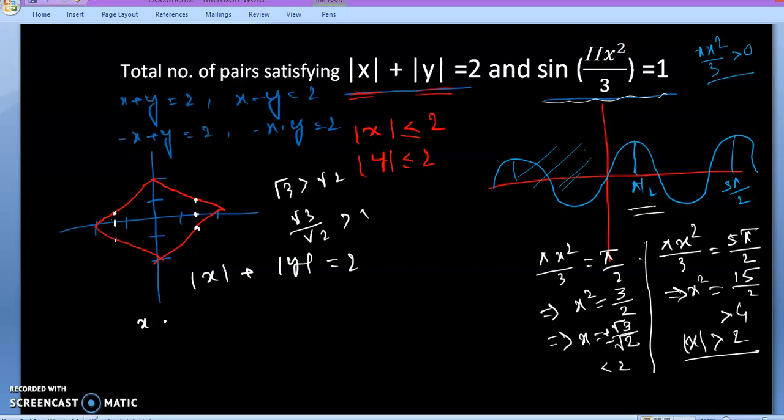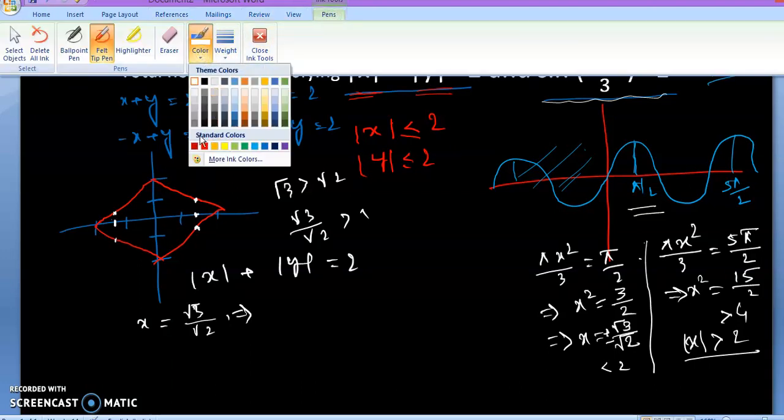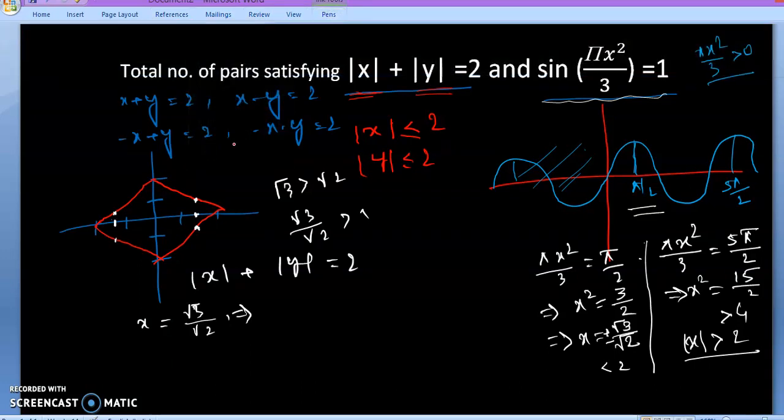Suppose you take x equals root 3 by root 2, because x has two values. Then root 3 by root 2 plus mod y equals 2. That means mod y equals 2 minus root 3 by root 2.